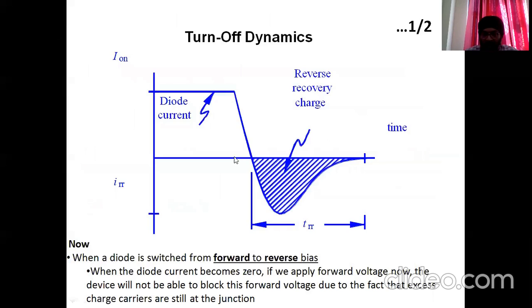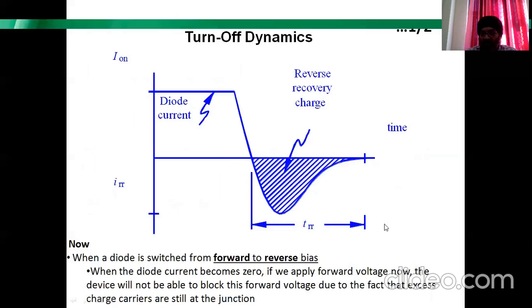So this time period, starting from when the diode current reaches 0 before reverse recovery, till it is fully recovered with all recombinations of all these minority charge carriers, this time taken is called reverse recovery time.